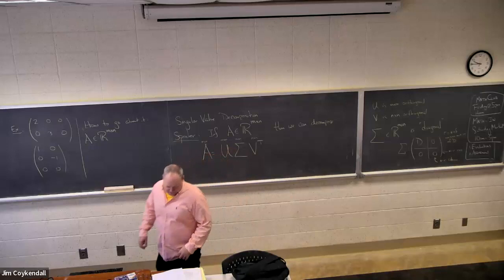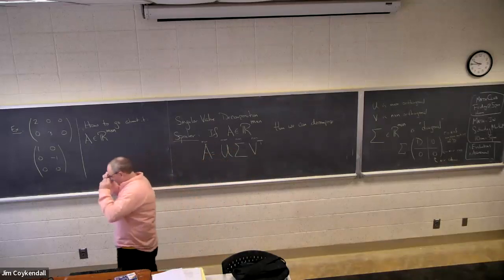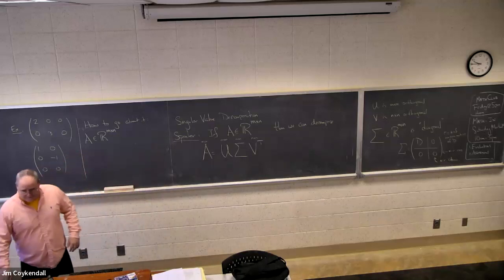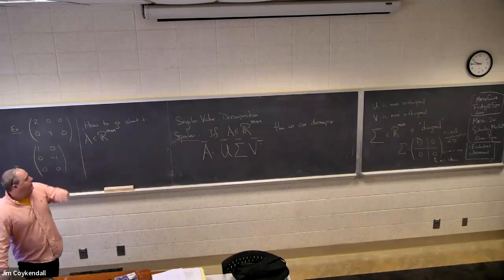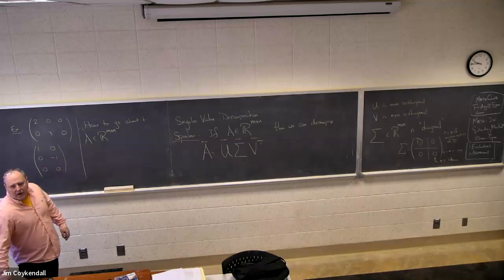Given my input, what could I do? It doesn't have to be the same, right? No, it's not going to be the same because there's no hope with that. But can you associate with this a matrix that is going to be square and in fact symmetric?